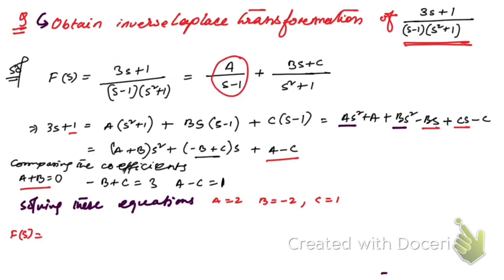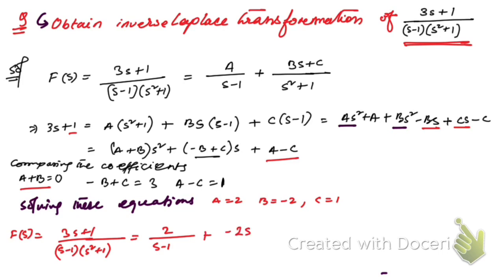If you put the value of a, b and c here, then we're going to have (3s plus 1) by (s minus 1) into (s square plus 1), that's going to be equal to 2 by (s minus 1) plus (minus 2s plus 1) by (s square plus 1). That's what we're going to have.